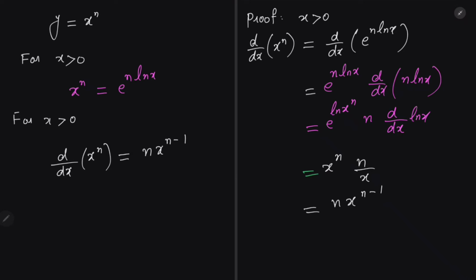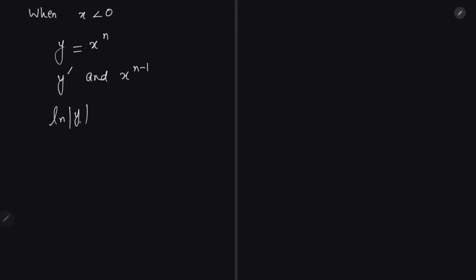If x is, for example, less than 0, suppose x is less than 0. When x is less than 0 and y is equal to x raised to power n, and when we take the derivative y dash, then x^(n-1) will exist only when we have natural log of mod y equal to n natural log of mod x, something like this.